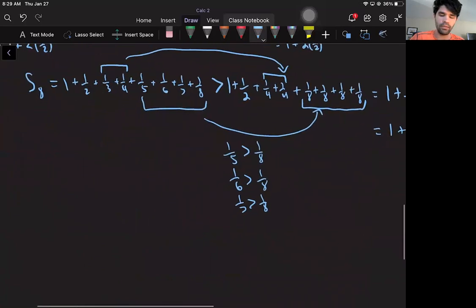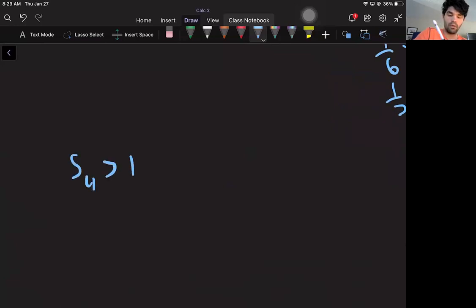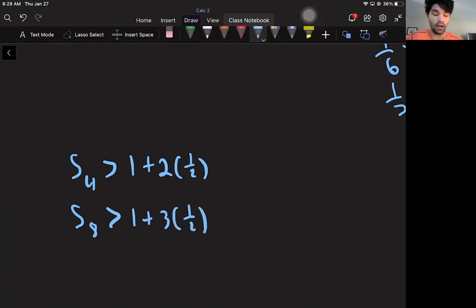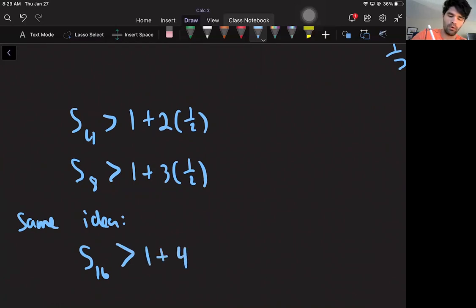So we're doing a very interesting trick. So to summarize, we have S4 is bigger than 1 plus 2 halves. S8 is bigger than 1 plus 3 halves. So what's the next one going to be? If I do the same idea, S16, the next power of 2, is going to be bigger than 1 plus 4 halves.